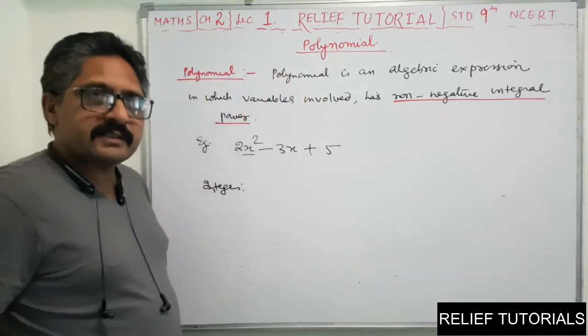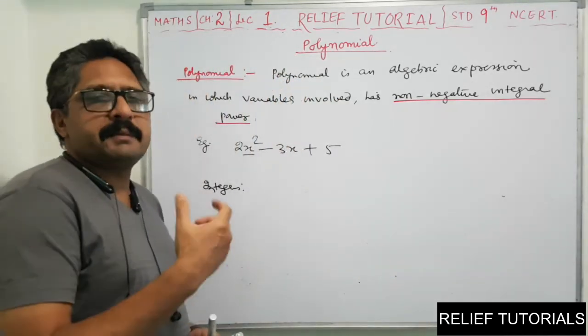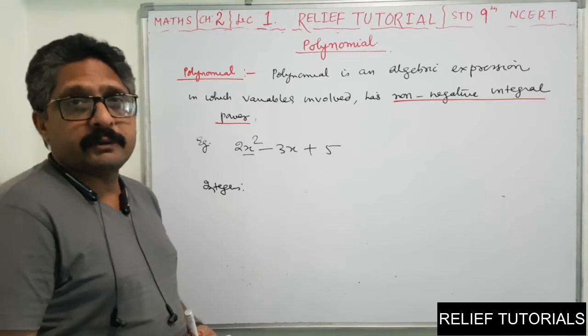So what are the two conditions necessary for an algebraic expression to be a polynomial?